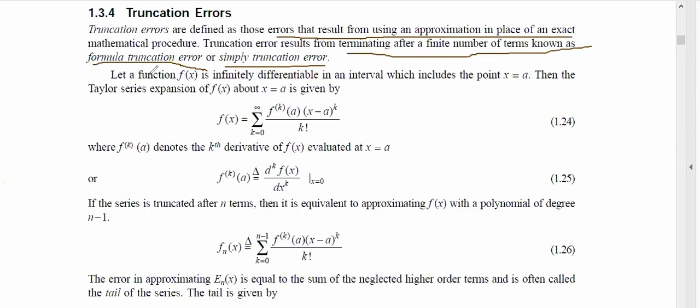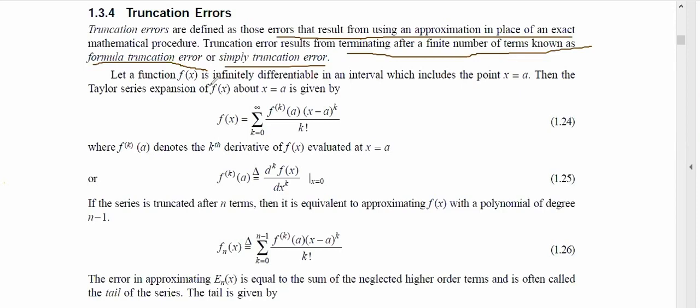Now take the example. Let a function f(x) be infinitely differentiable in an interval which includes the point x equals a. Then the Taylor series expansion of f(x) about x equals a is given. We are assuming f(x) as a differentiable function which can be differentiated as many times as needed, that is infinity.